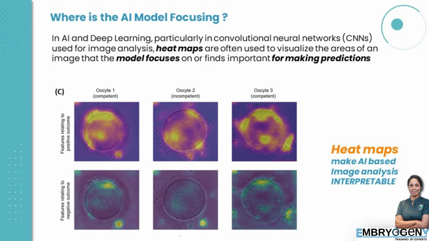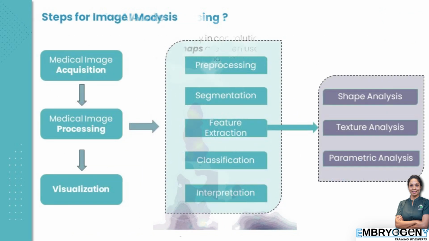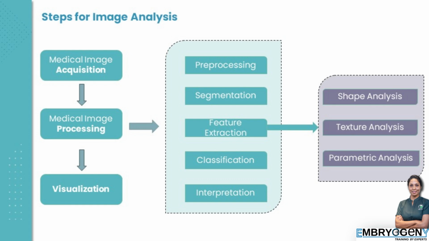In this slide, the yellow area on the oocyte image indicates regions where the model is currently focusing. By using heat maps, researchers can better understand the decision-making process of AI model, making the analysis more interpretable and transparent.